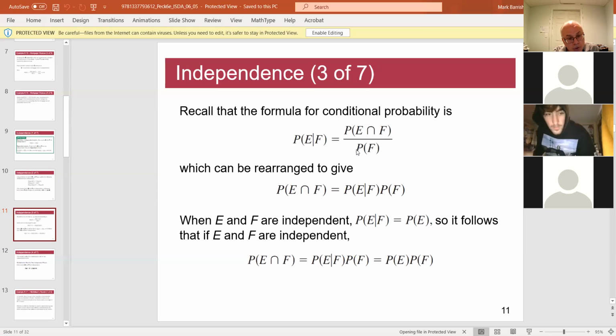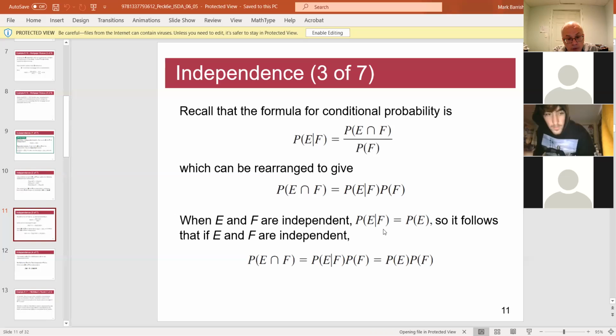If we took that and multiplied both sides by the denominator, we would get the same thing on the left, the probability of E and F, but on the right, we would get the probability of F given E times the probability of E. You should try that on your own. In other words, look at the formula for the probability of F given E. The numerator is the same, and the denominator would be the probability of E. Multiply both sides, and you'll see you'll have another formula for the left side of this.